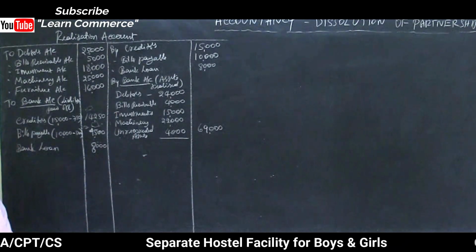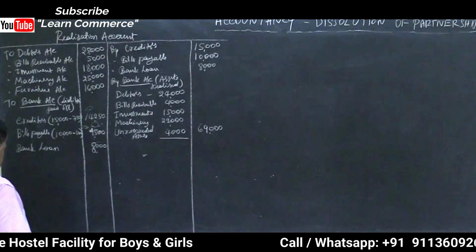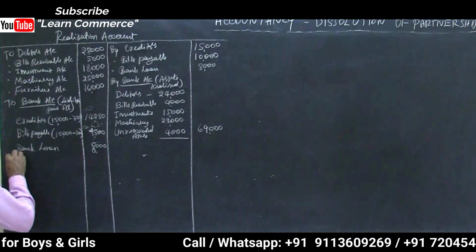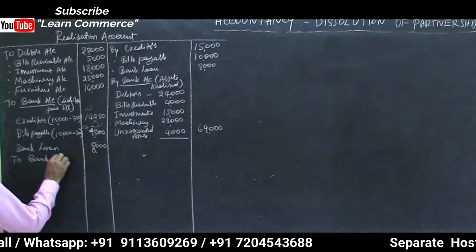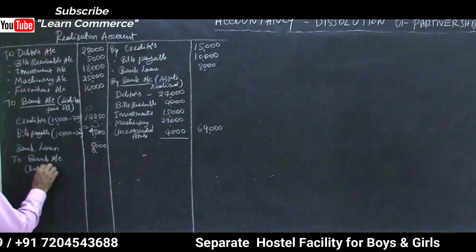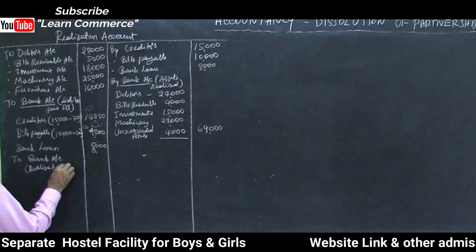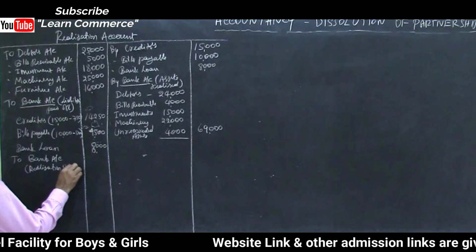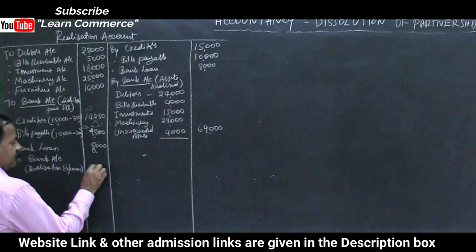Then that's all, right? Anything else? There is another expense, realization expense. So to bank account, realization expenses or dissolution expenses, 2,250.